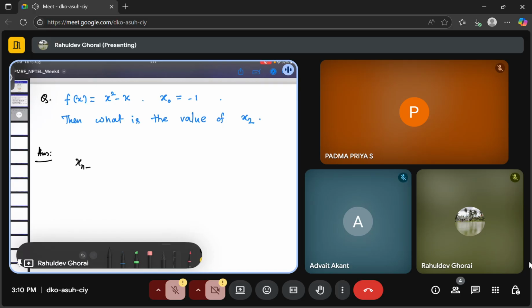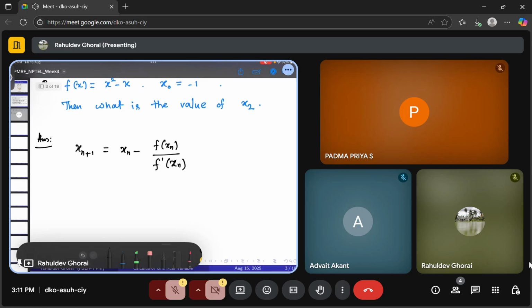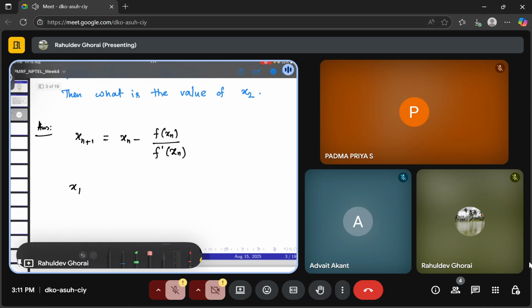So you know how to evaluate that. xn plus 1 is equal to xn minus f of xn over f prime xn. This is the iterative scheme. So x1 will be equal to x0 minus f of x0 over f prime x0, right?